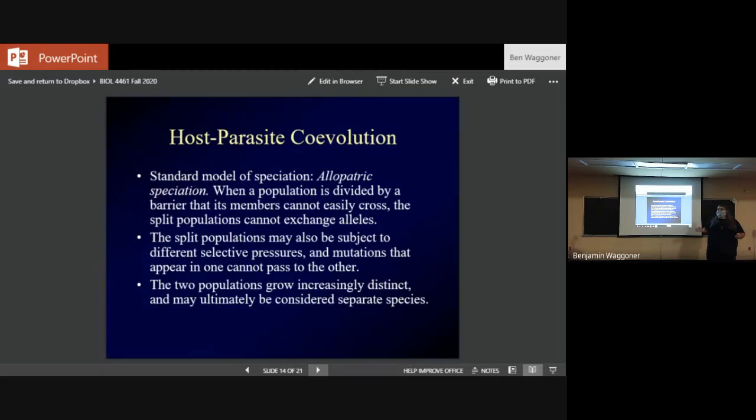The South American finches that made it to the Galapagos found themselves in a rather different environment, different sources of food, different climate, and all of that would have caused natural selection to start altering the new finch population. And the populations grow increasingly distinct, and it may get to the point where you have new species.